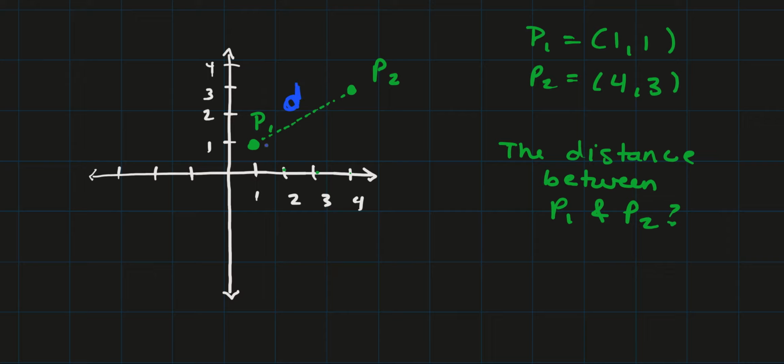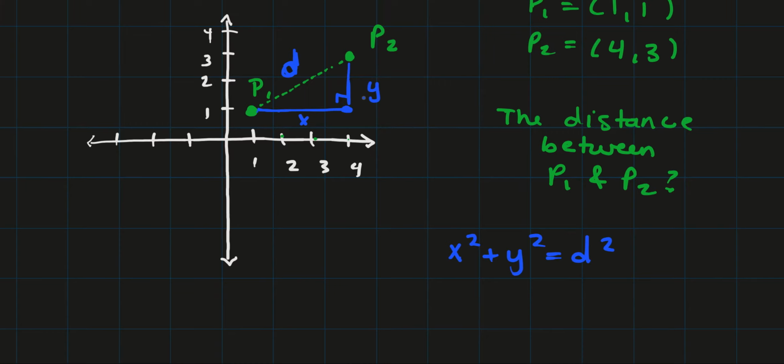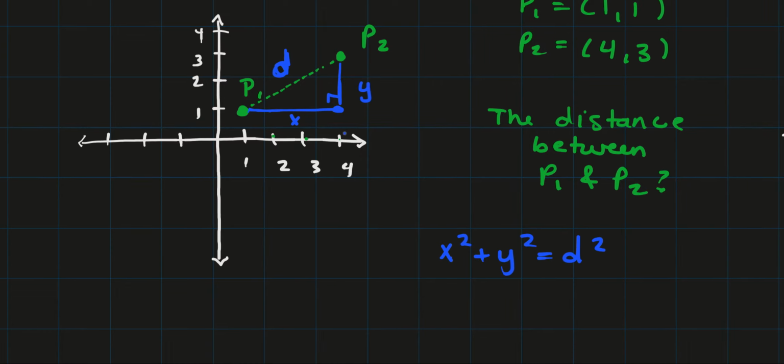you can think of it as being the side of a right triangle. And we know that if we have this side, which I can call x, and this side y, x squared plus y squared is d squared. So we need to figure out the length of x and the length of y. Now this is a problem that we just saw.